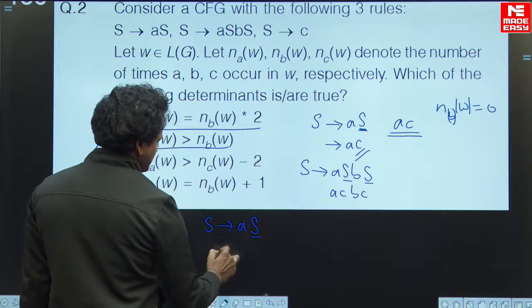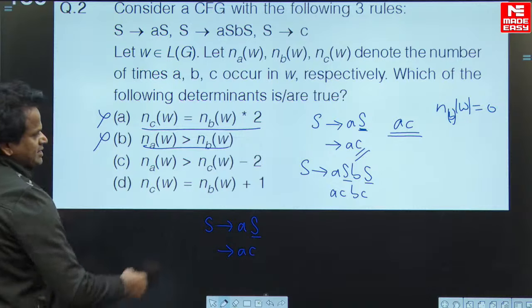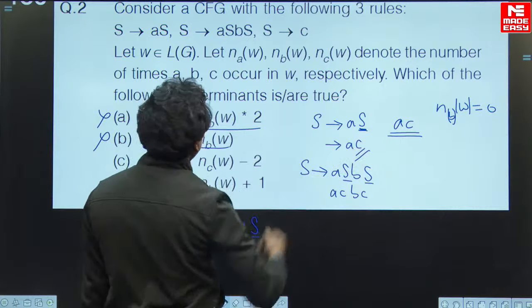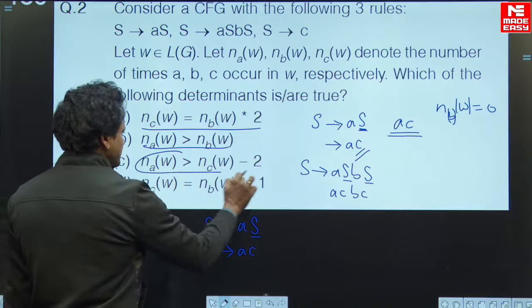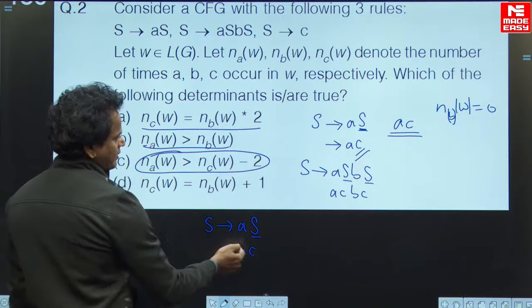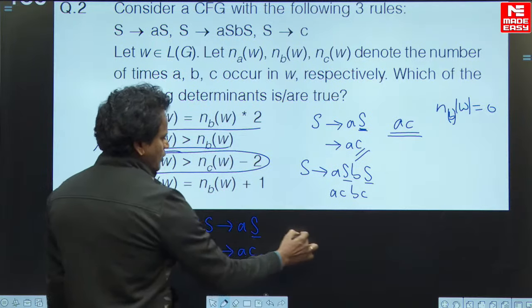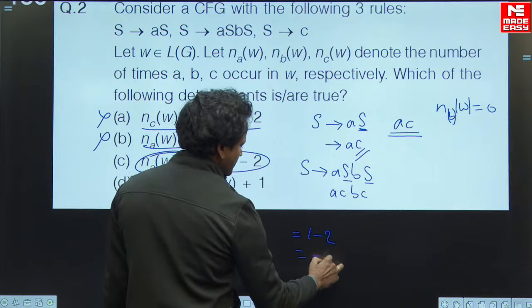I'll go for AC, AC. I'll substitute this one only. If this option is correct, here how many C's are present? 1. So the number of C's is 1. 1 minus 2 is minus 1.